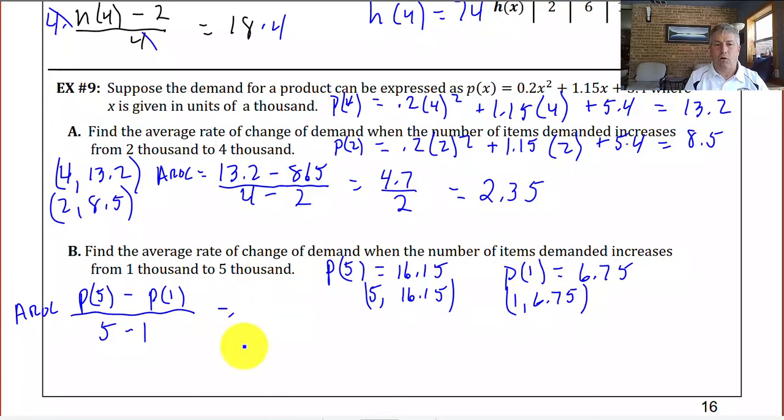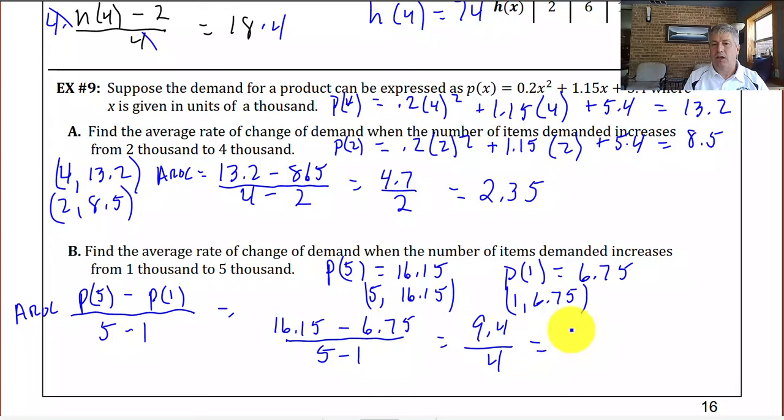And we can do our slope equation. 16.15 minus 6.75 all over 5 minus 1 equals 9.4 over 4, which again is 2.35. We get the same answer. Coincidence? I think not.